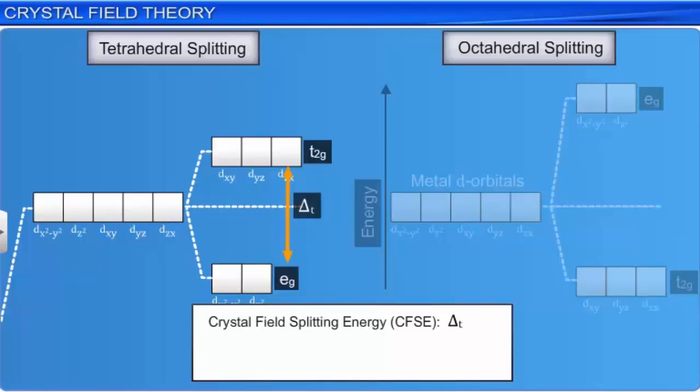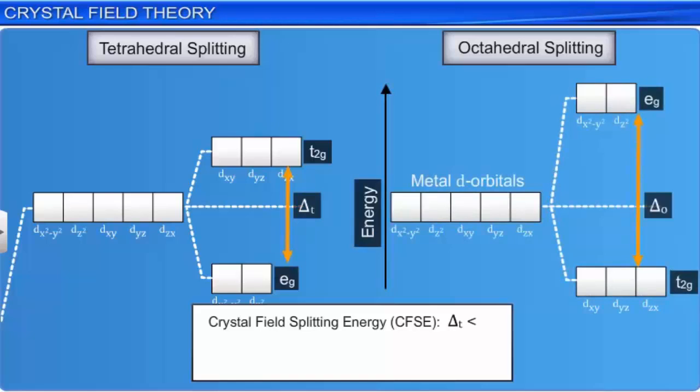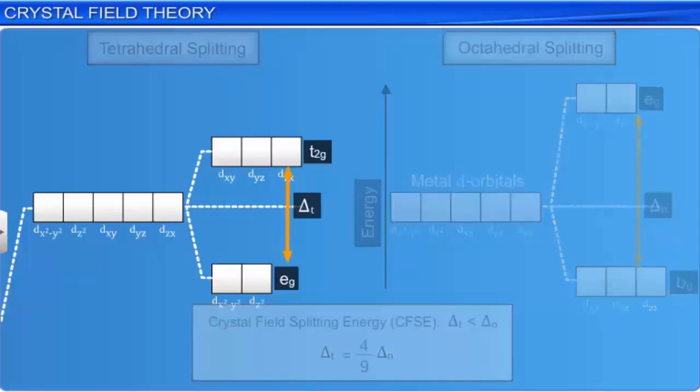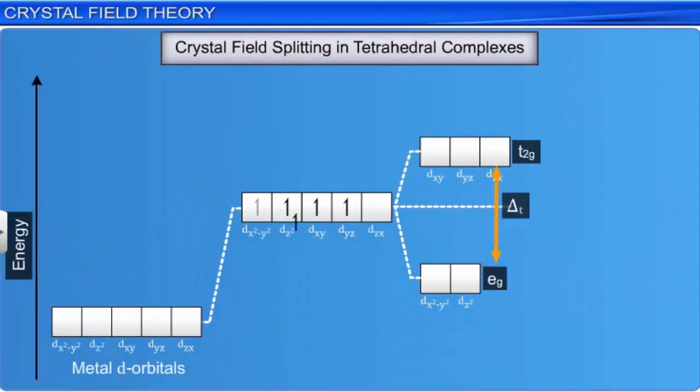The difference in energy can be represented by delta T equals 4/9 times the octahedral splitting. This splitting energy is not large enough to force the electrons to get paired up. Thus, low-spin configurations are rarely observed.